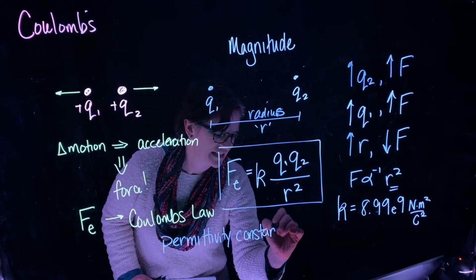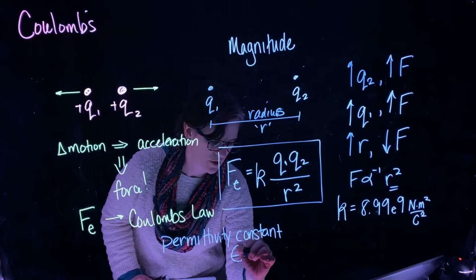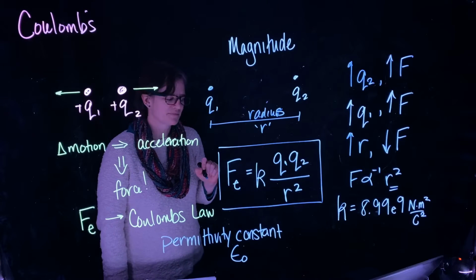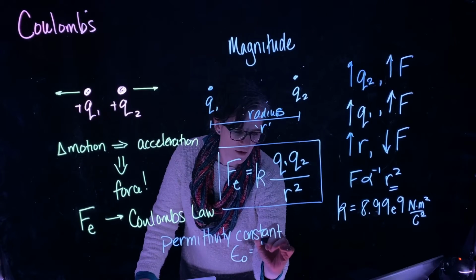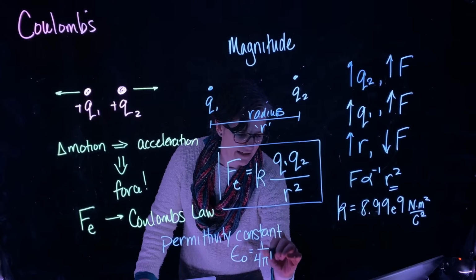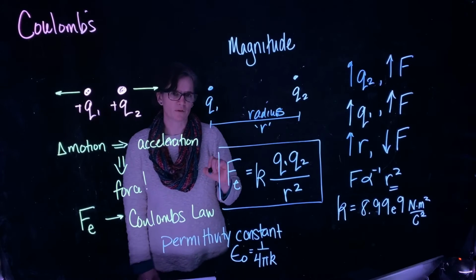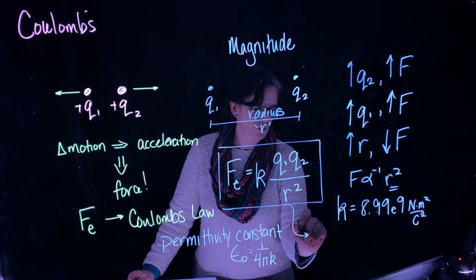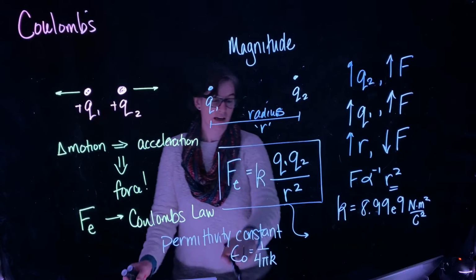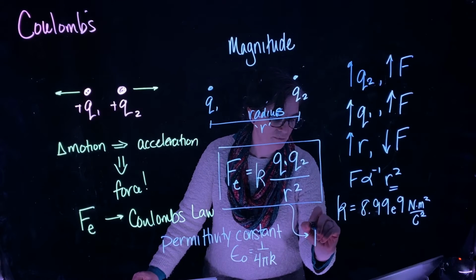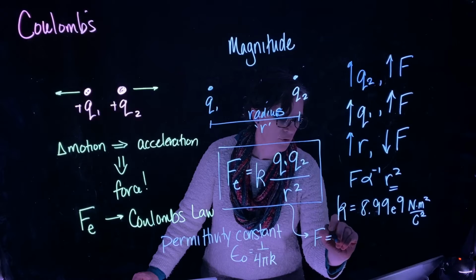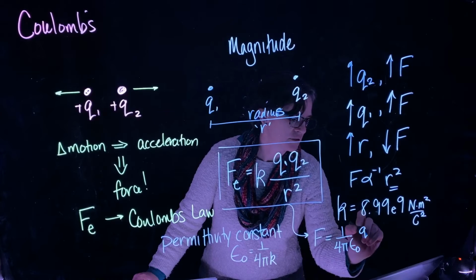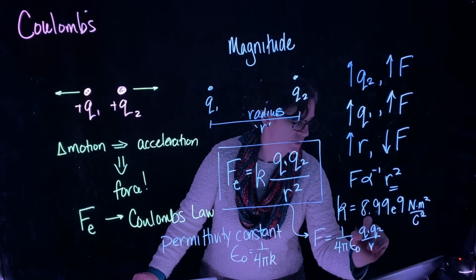It's an epsilon with a sub-zero, epsilon naught, and this equals 1 over 4 pi times our Coulomb constant, so 1 over 4 pi k. That means I can write Coulomb's law in terms of epsilon naught, where the force equals 1 over 4 pi epsilon naught times Q1 Q2 over R squared.